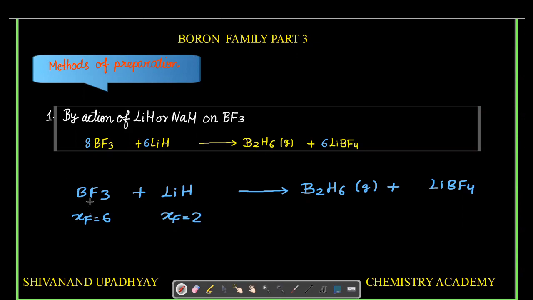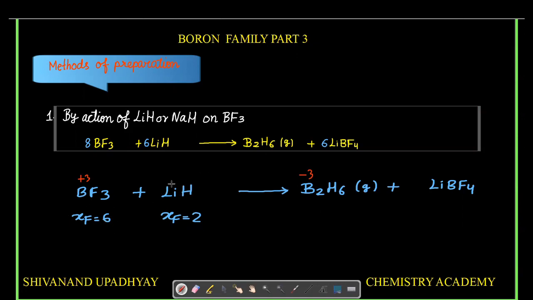So we know that in BF3 this boron is present in +3 oxidation state, and in B2H6 boron is present in -3 oxidation state. So boron is changing its oxidation number from +3 to -3, but there is only one boron atom. So it is taking 6 electrons. So the X factor of this whole BF3 molecule is 6.